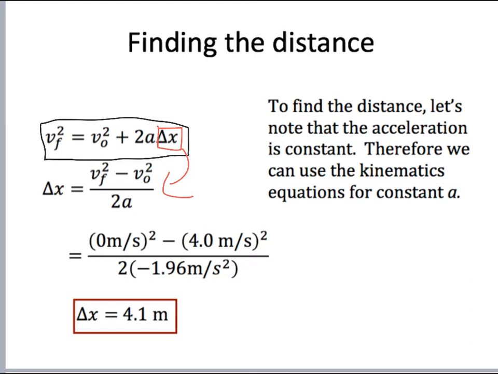We plug in the numbers. We know the final velocity is 0. The initial velocity was given to be 4, and we're going to square that. We're going to divide by 2 times 9.16. And that works out to be 4.1 meters. And that's how far it goes before it stops, which is, of course, what the problem was asking for.